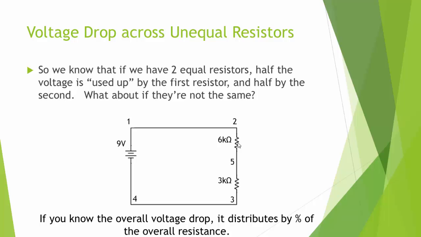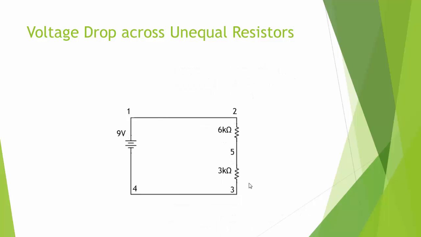Instead, what we can say is that if we know the overall voltage drop, in this case 9 volts, the voltage drop contribution from the resistors is just based on the percent of the overall resistance. So this is 2/3 of the resistance, 6K out of 9K. This is 1/3 of the resistance, and the voltage drop arranges itself according to that.